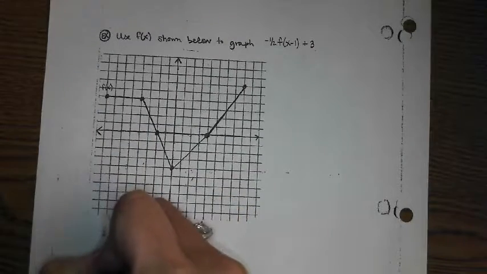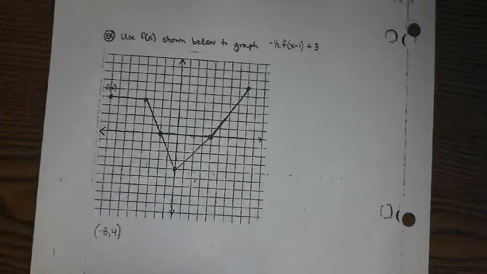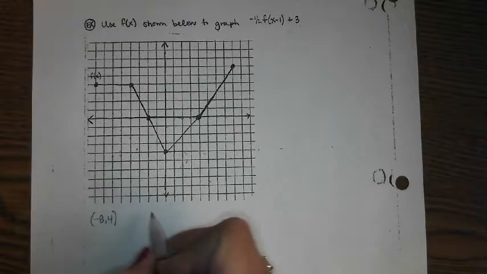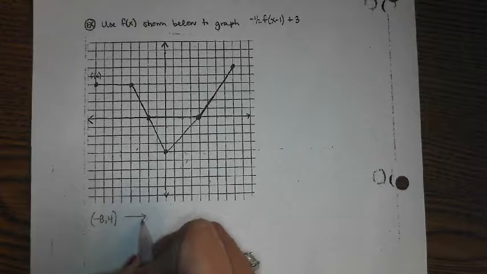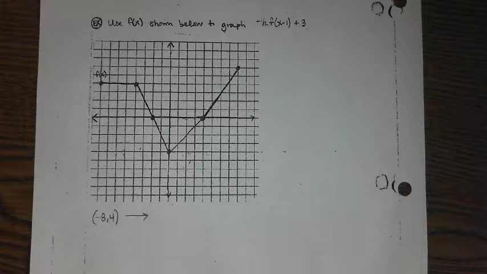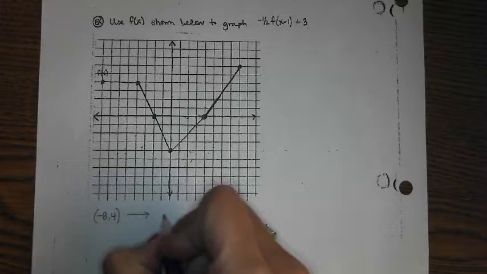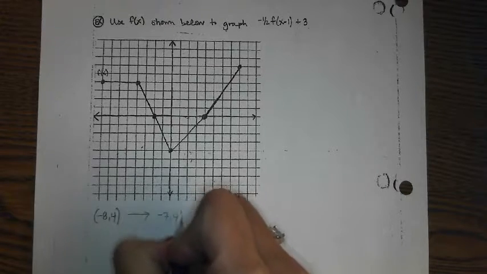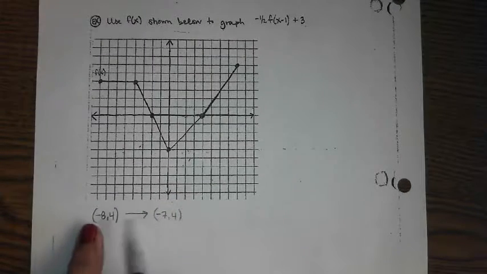So -8, 4 is an original point. After we shift that right 1 unit, what are the new coordinates going to be, Nathan M? -7, 4. There's that moving horizontally, affecting only the x coordinate.